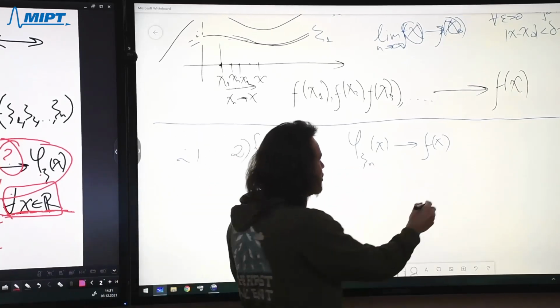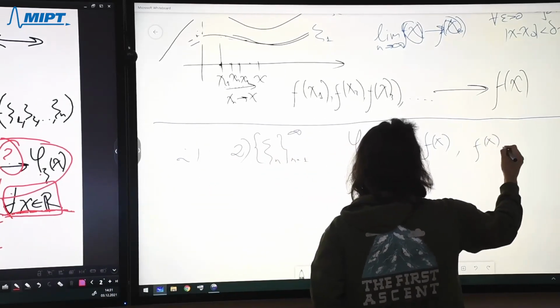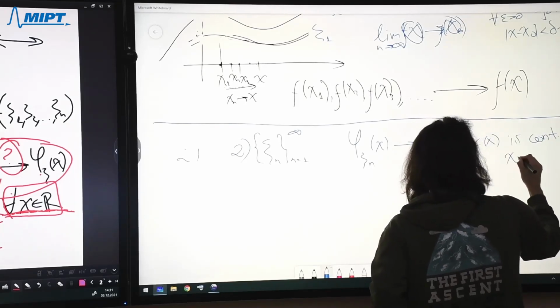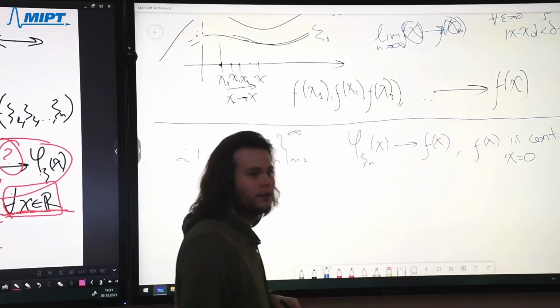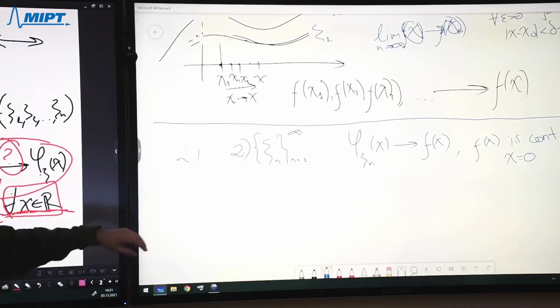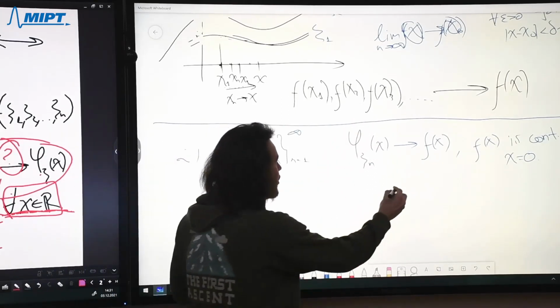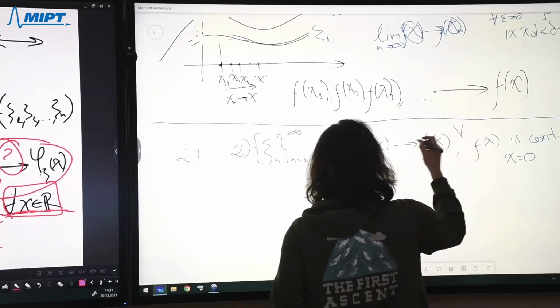And this function is continuous at x being 0, right? So for every x, right? Here we have for every x.